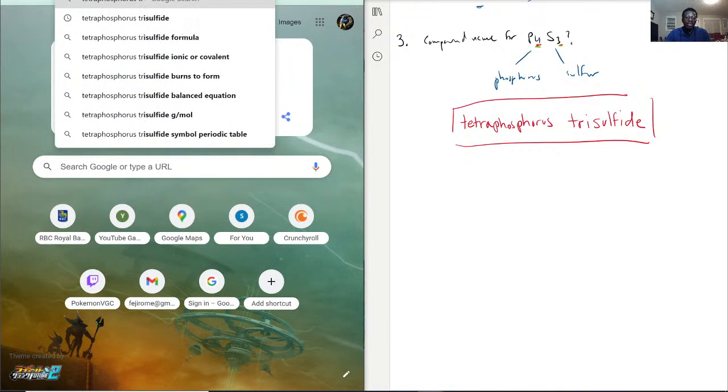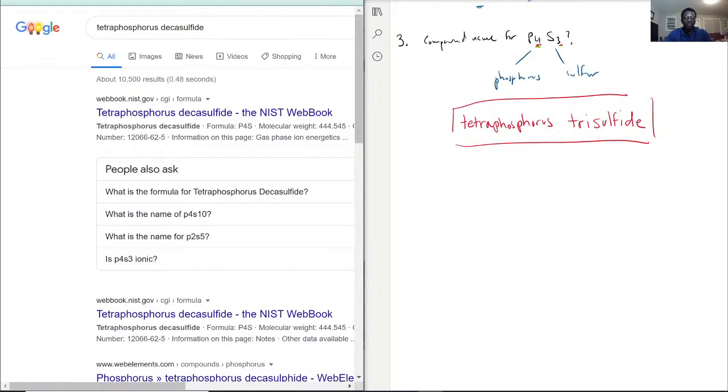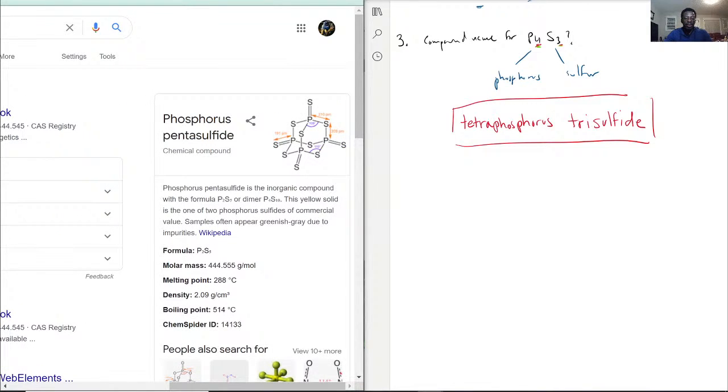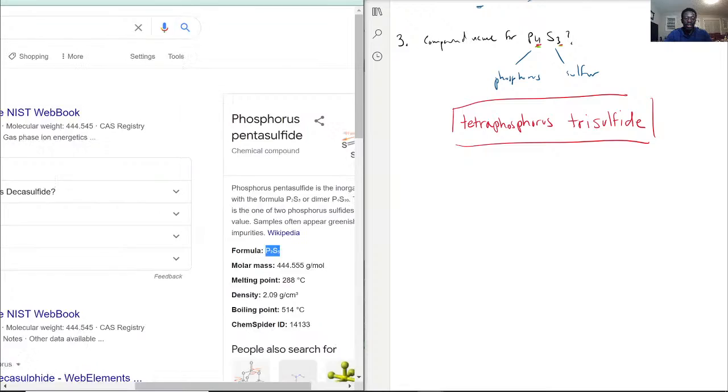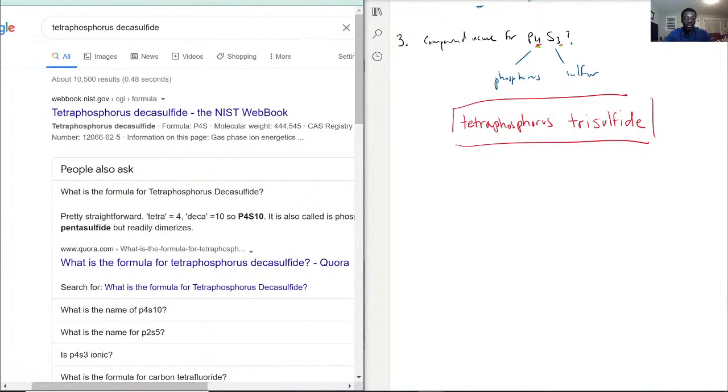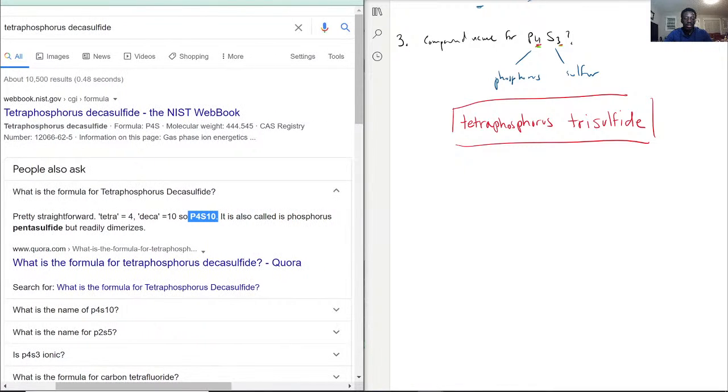Tetraphosphorus because deca is 10, and there. You search it up, it pops up, and this one says phosphorus pentasulfide, which isn't technically right. P2S5. We did just double it, but if I did this, tetra 4, deca 10, so P4S10. It's also called phosphorus pentasulfide, which I don't really agree with.